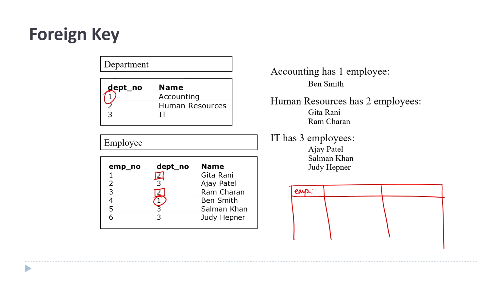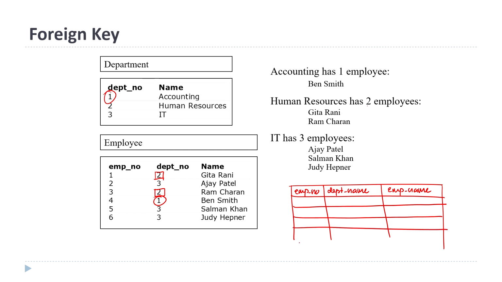Employee number, department name and employee name, assume it this way, and we had something like this. Okay, like this is going on. Our employee number 1, okay, this is human resources. Okay, employee name is Geeta Rani. Employee number 2 is IT, Ajay Patel.